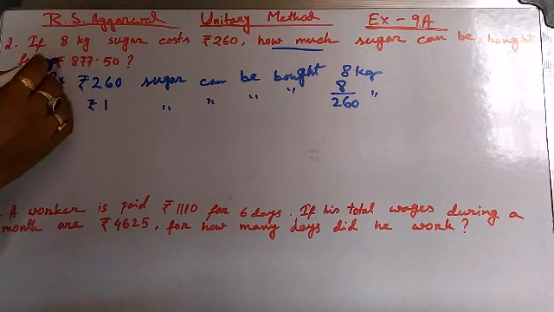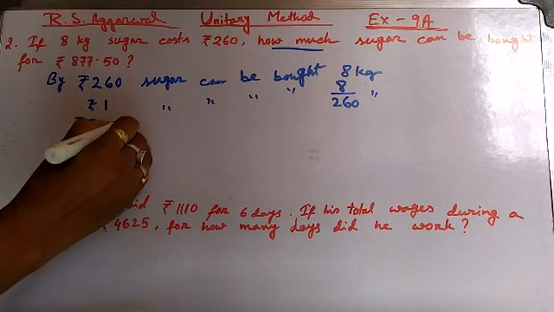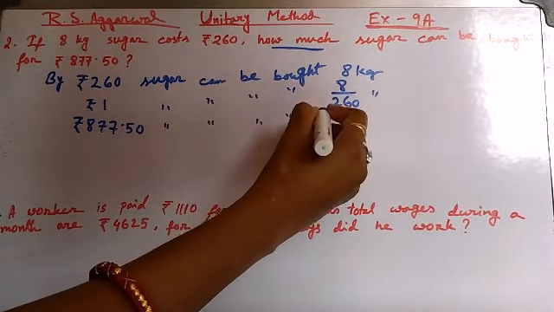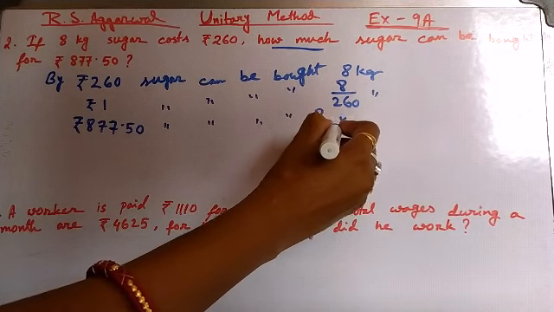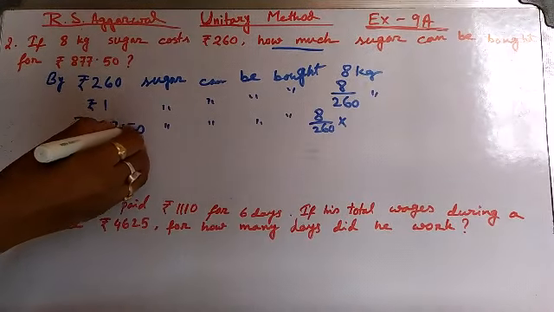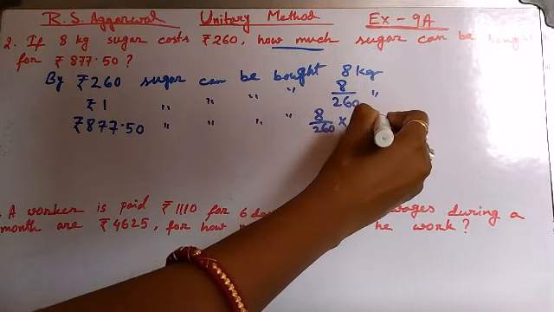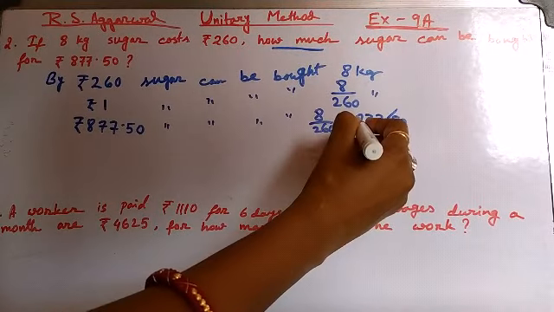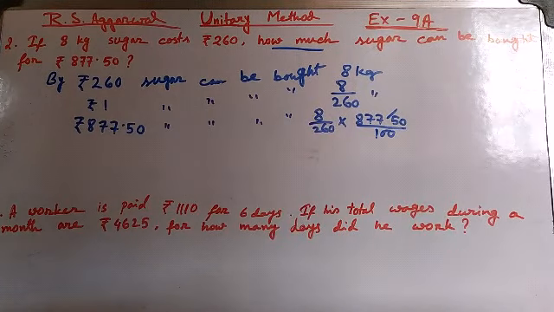Then the cost is rupees 877.50. Then it will be multiplied with it, because now it is larger than 1, so it will be multiplied. So here I will remove the point, then 100 will come.